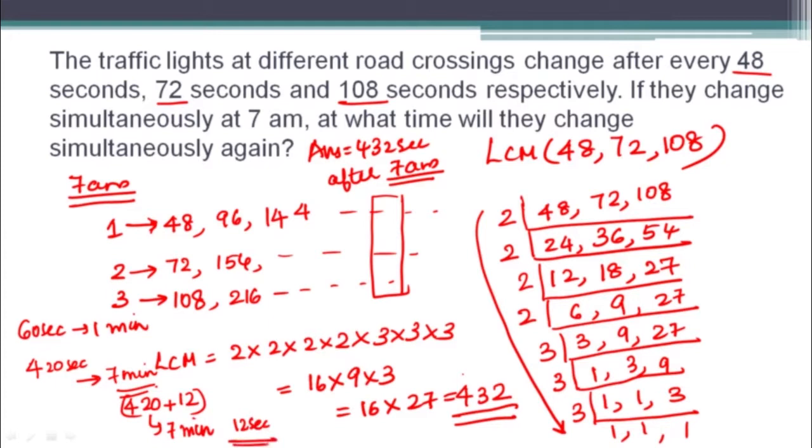So 7 minutes and 12 seconds. Or I can say at 7 am all these three traffic lights change color simultaneously. After 7 minutes 12 seconds, that is 7 minutes 12 seconds after 7 am, again they will change simultaneously. So the correct answer here is 432 seconds or 7 minutes 12 seconds after 7 am.